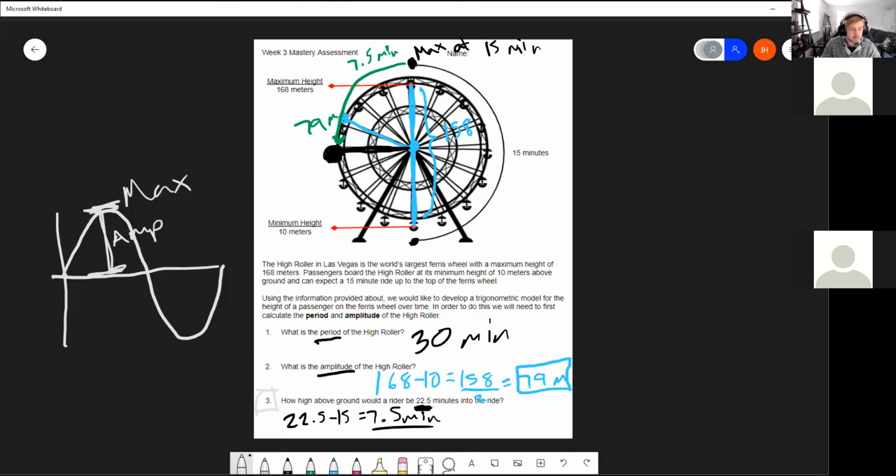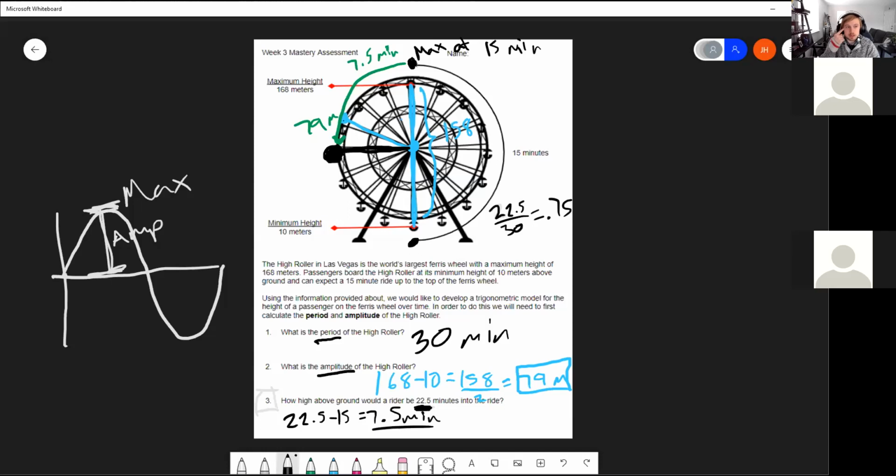Yeah, half of the 15 minutes was the 7.5. So it's gone three-quarters. Essentially, guys, 22.5 is three-quarters of 30. In fact, if I do 22.5 divided by 30, I would get 0.75. So you would see it is three-quarters of the way around the circle.